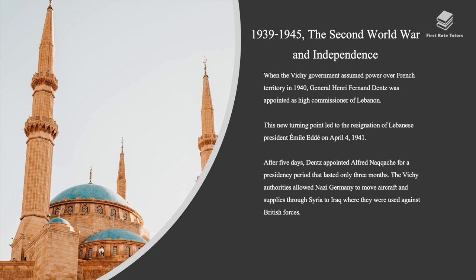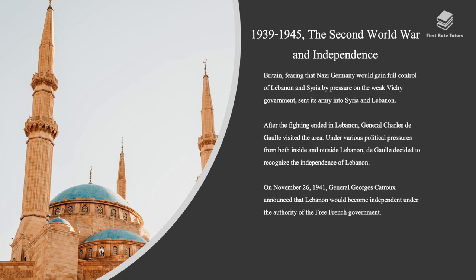The Vichy authorities allowed Nazi Germany to move aircraft and supplies through Syria to Iraq, where they were used against British forces. Britain, fearing that Nazi Germany would gain full control of Lebanon and Syria by pressure on the weak Vichy government, sent its army into Syria and Lebanon.